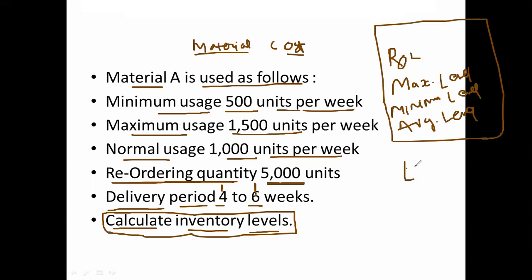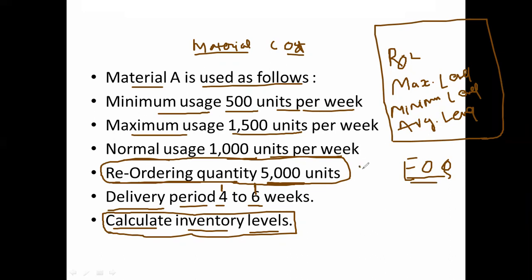One is EOQ, the economic order quantity, but that they have already given. Reorder quantity they have calculated and given, so no need of calculating that. Economic order quantity and reorder quantity are the same thing, that is how much you should place an order.